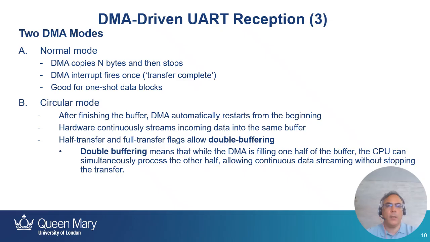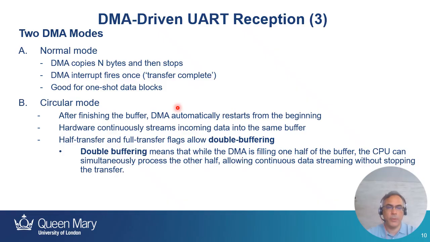We have two modes on the DMA. We have the normal mode, in which DMA copies n bytes and then stops. So the DMA interrupt fires once, saying the transfer is complete. This mode is good for one-shot data blocks.